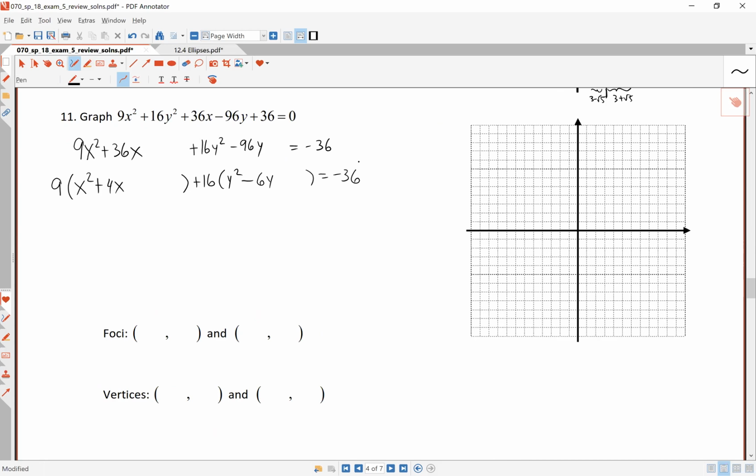Now we divide the coefficient of x by 2 and square that. By adding 4 in the parentheses, that's really 9 times 4, which is 36, so we add 36 to both sides.